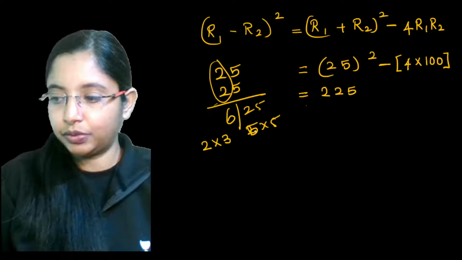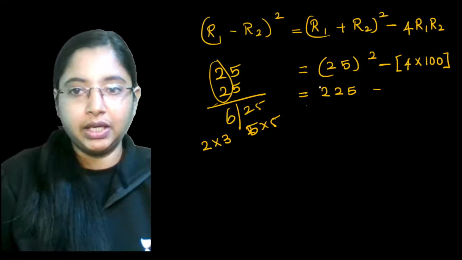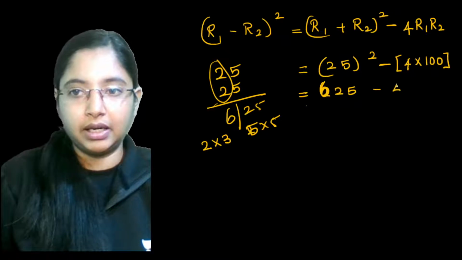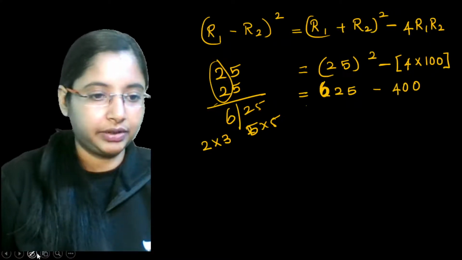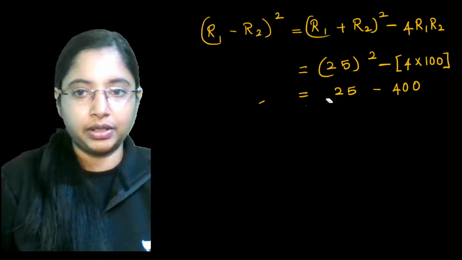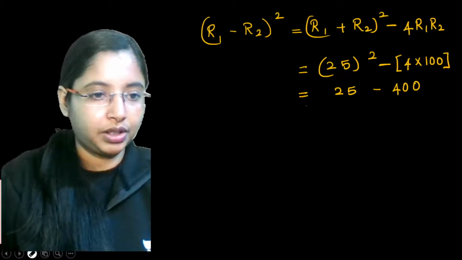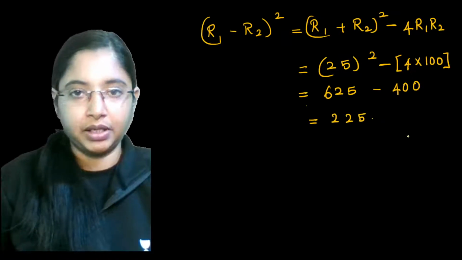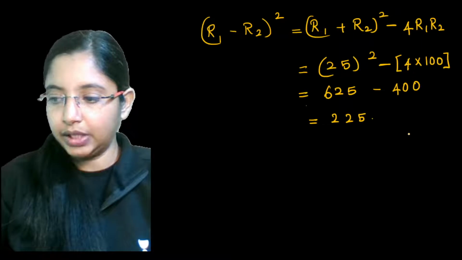So 25 times 25 is actually 625. It will be 625 minus 400, since 4 times 100 is 400. So 625 minus 400 will be 225.